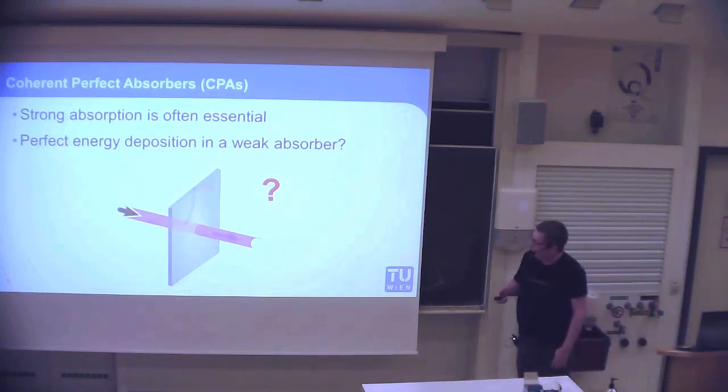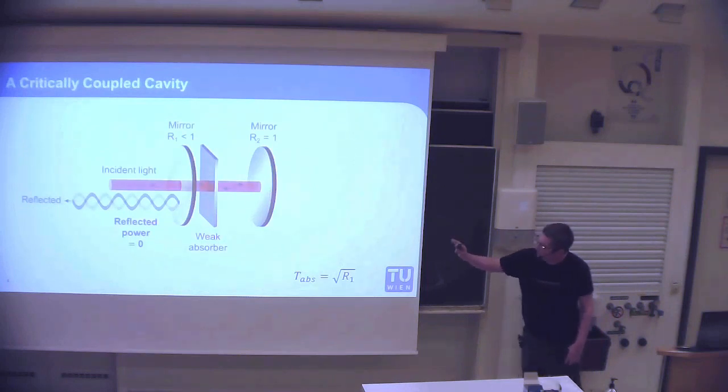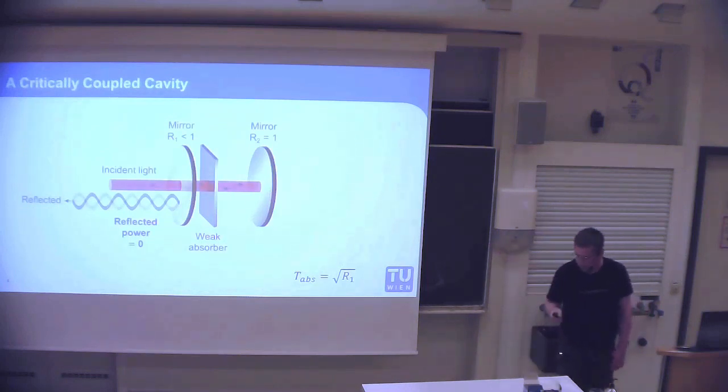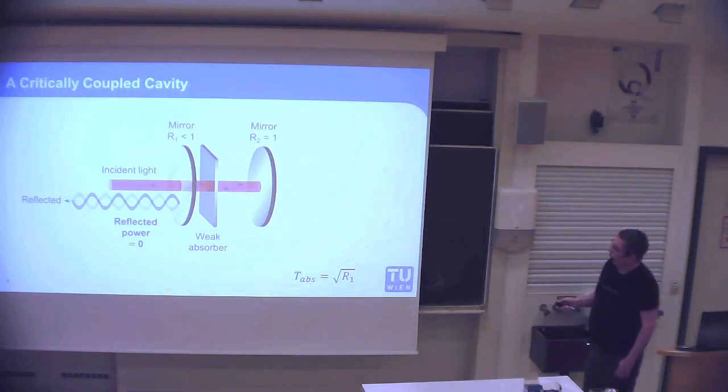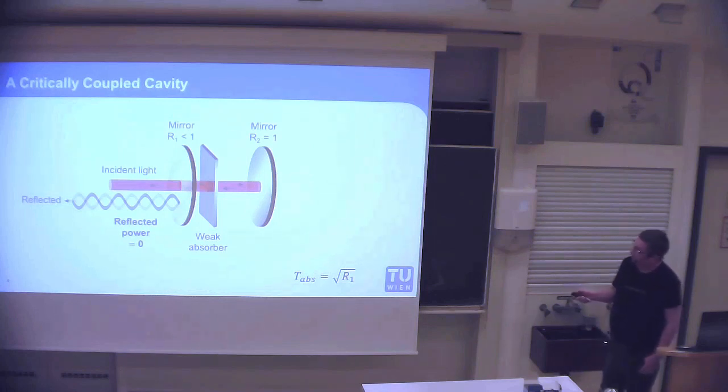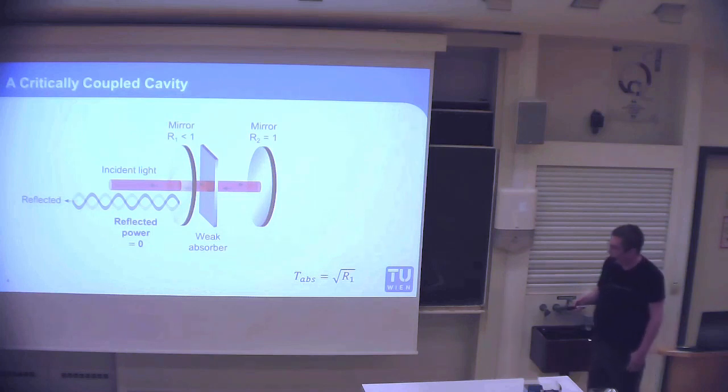And this is a concept of a very simple implementation of a coherent perfect absorber. The trick is we put the weak absorber into an optical cavity, which in our case consists of a partially reflective mirror on one side and a totally reflective mirror on the other side. And then it turns out there is a critical coupling condition.